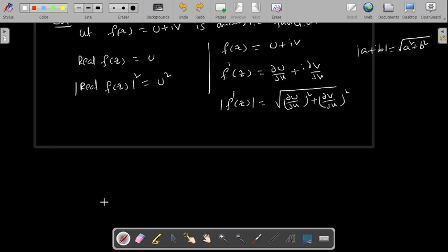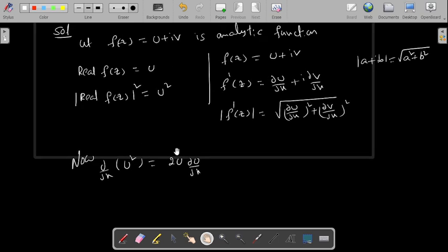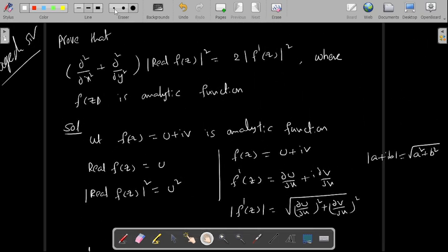Next, now ∂/∂x, we will calculate for u². The differentiation of u² is 2u times the differentiation of u, which is ∂u/∂x. So here, when you see in the proof, ∂²/∂x² of Re f(z) means two times differentiation is there.